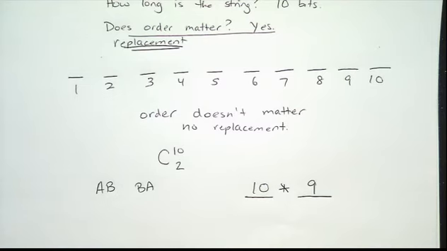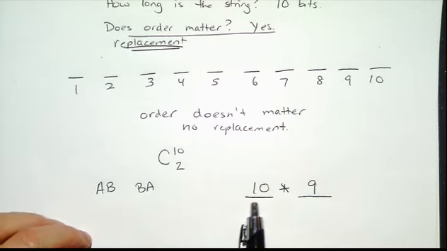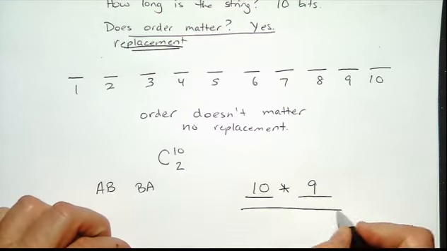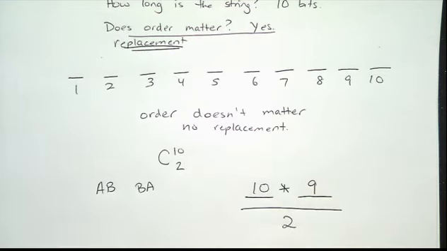Does that make sense? So that means for every possible thing that I've counted here, I've actually counted everything I care about twice. So I'm going to divide this by 2, because that's how many times each of my unordered things got counted.